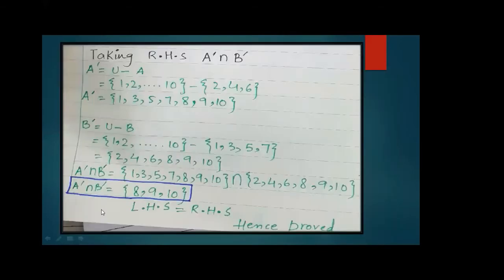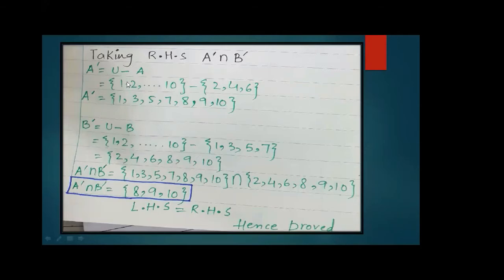Now the right hand side is A complement intersection B complement. So first we will find A complement, then B complement, then the intersection.